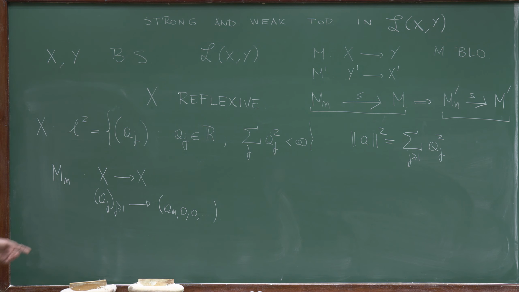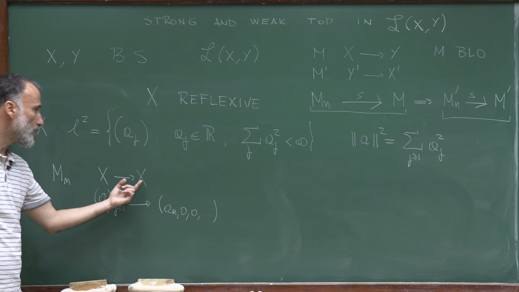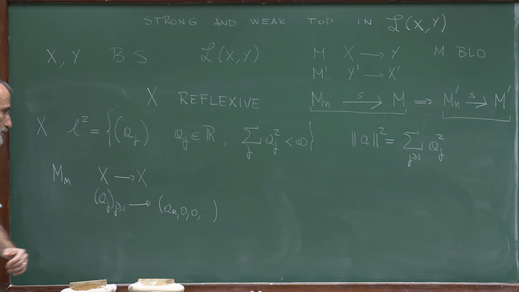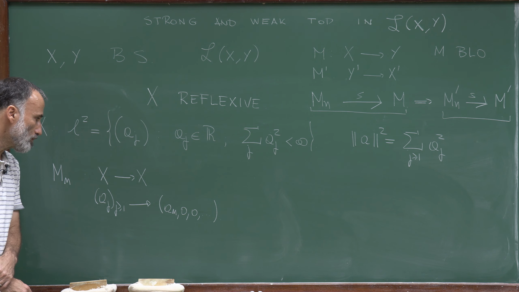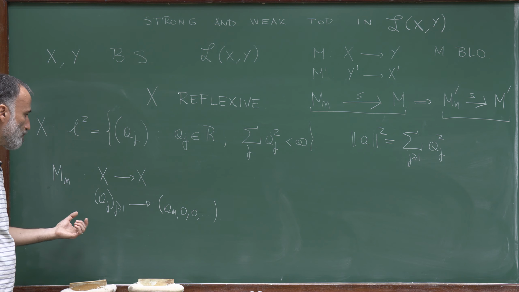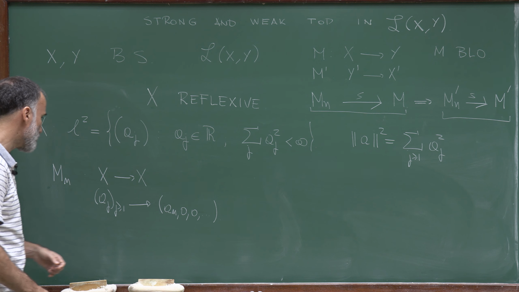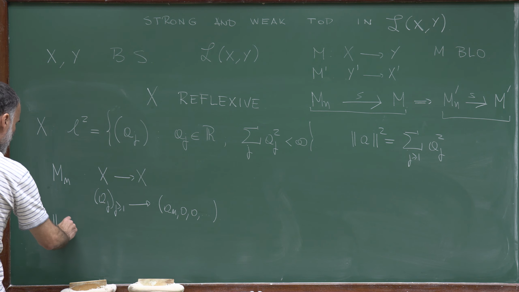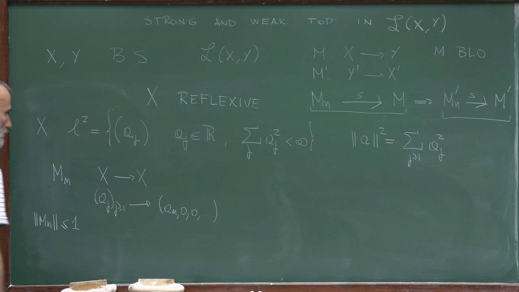So it's clear that this element is an element in X. So Mn is a map from X to X. It is, of course, linear, and it's also bounded because the norm of Mn is bounded by 1. I leave it to you to check that the norm of Mn is bounded uniformly by 1.